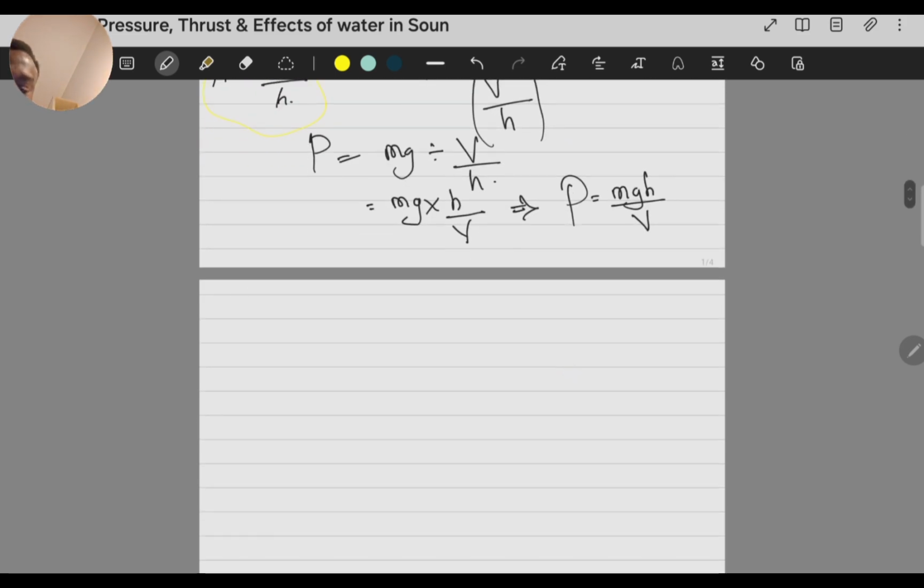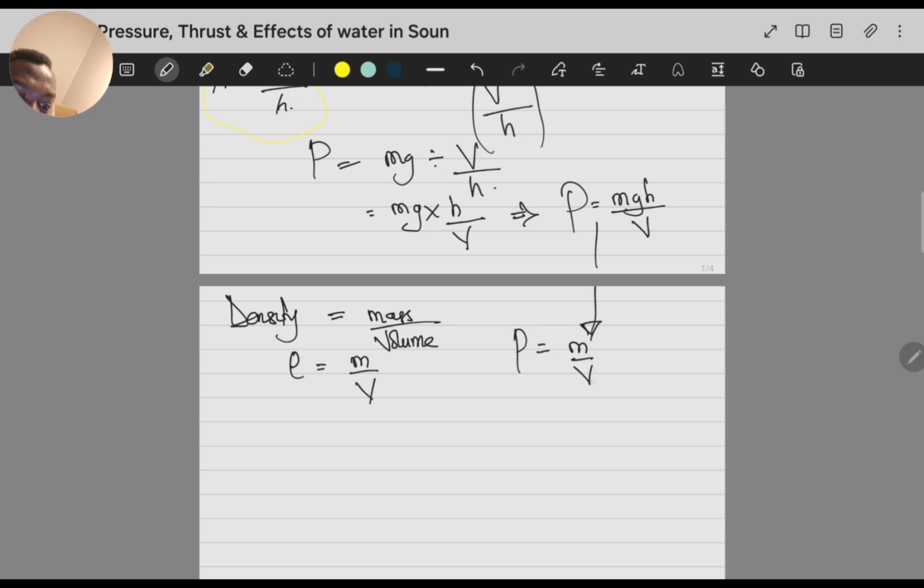Now from the basic principle, we know that density is equal to mass over volume, which is the same as rho is m over V. So from this equation, m over V, then we have gh. m over V is rho, so we substitute rho gh to be pressure.